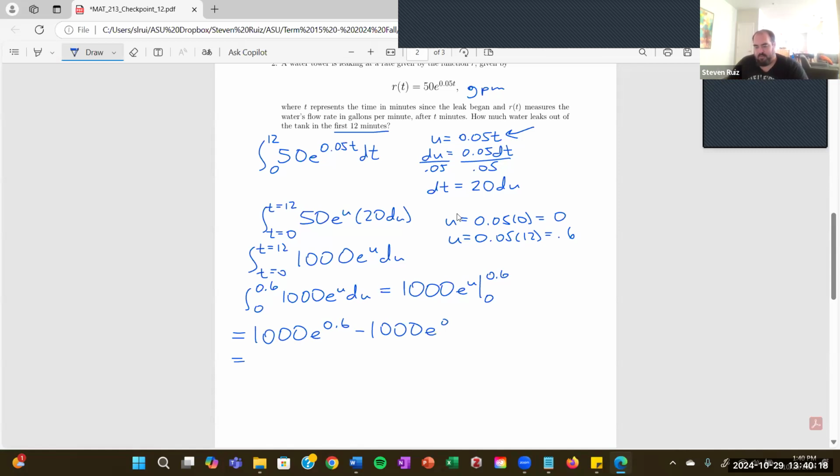Times 1,000. So I'm going to round to the nearest whole number. So this is 1822. 1,000 e to the 0. E to the 0 is 1, so that is 1,000. So I get 822 gallons of water. All right, that's all for question 2.